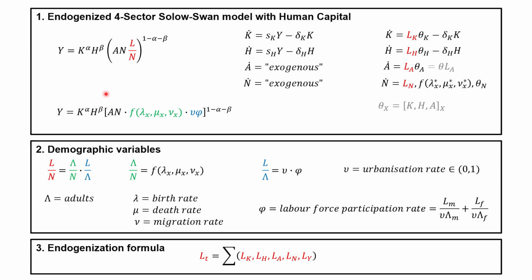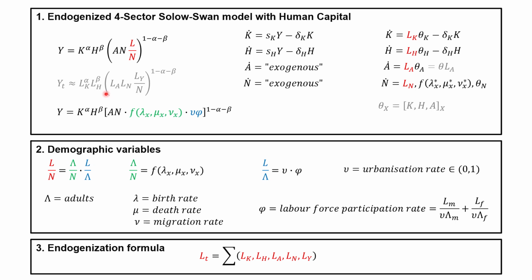And so let's now move on to investigate how exactly this works. But before we do so, we can just rewrite our output, our production function, in terms of labor time, right? Again, physical capital and human capital don't just appear. They are functions of labor time, labor hours allocated to the various sectors.